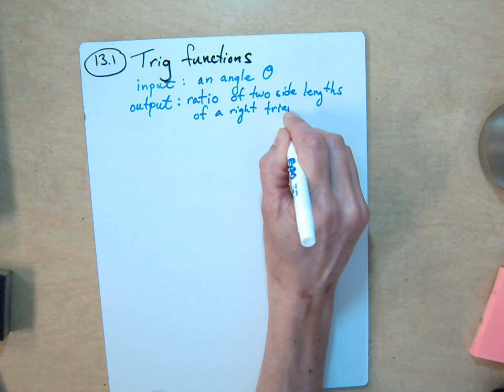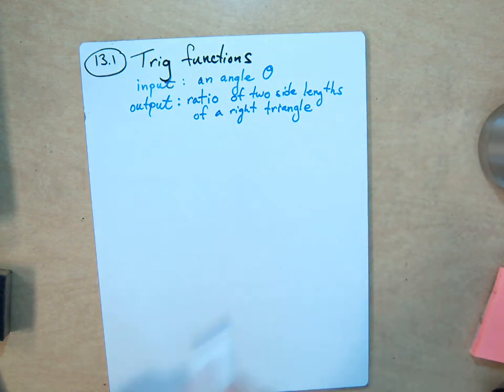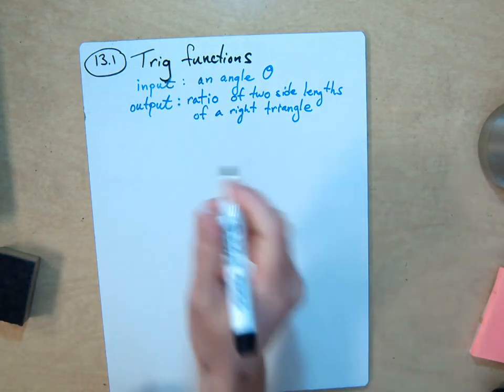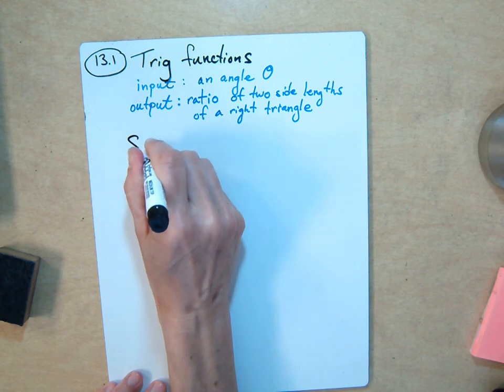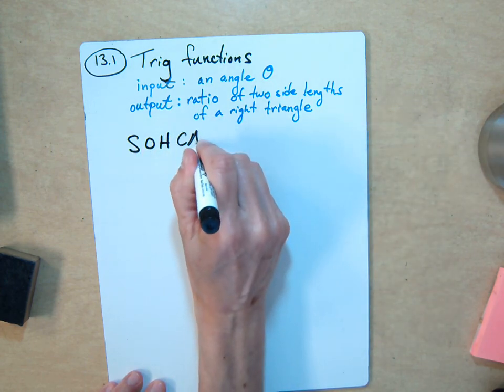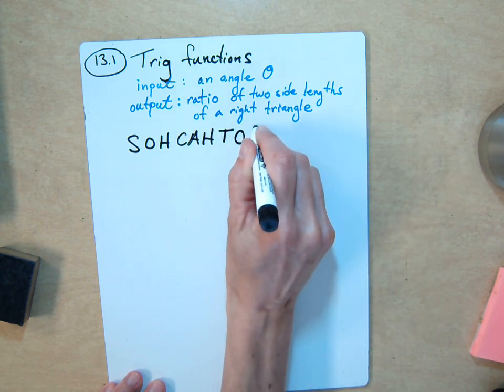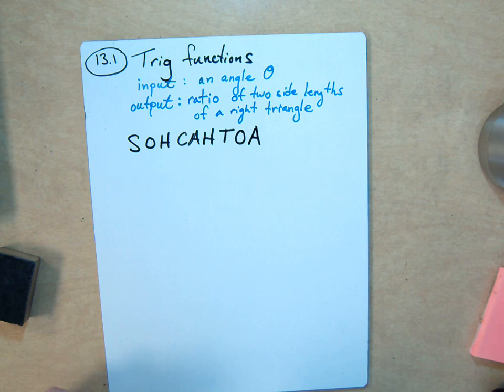And so we have this mnemonic that we use to remember which two side lengths it is depending on where the angle is, and that's called SOHCAHTOA. S-O-H, C-A-H, T-O-A.